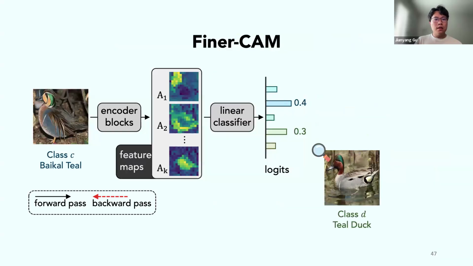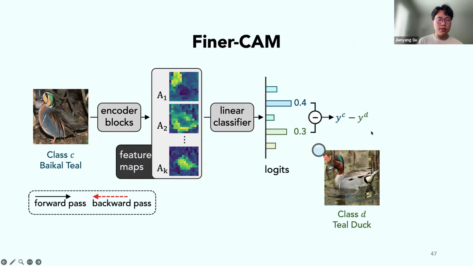Therefore, what we did is we explicitly create a contrast. We are not explaining a single species, but we are explaining why this image is class C instead of class D. Similarly, this is our target to maximize.